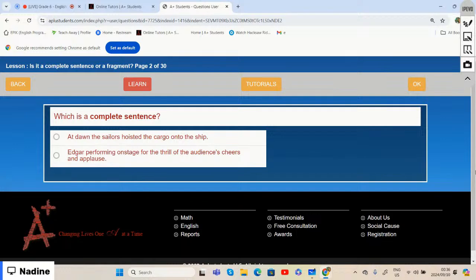So option one, at dawn, the sailors hoisted the cargo onto the ship, or option two, Edgar performing on stage for the thrill of the audience's cheers and applause.